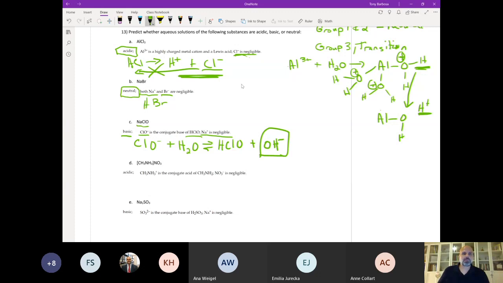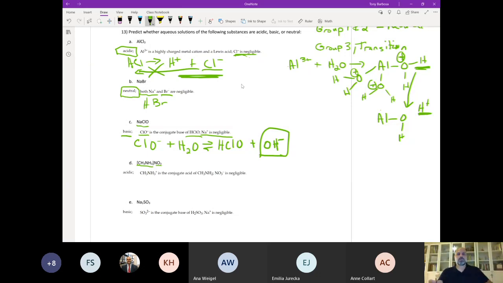The next example is CH3NH3 NO3. This is going to take a little practice getting used to, and this is one of the things I want you to look at in regards to the base table that we described earlier.